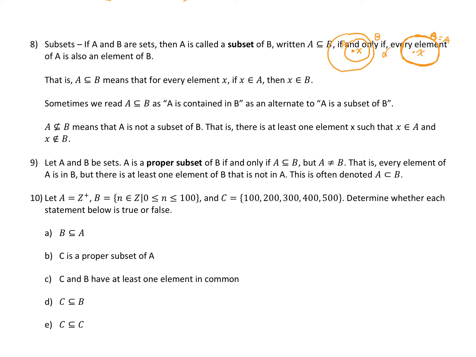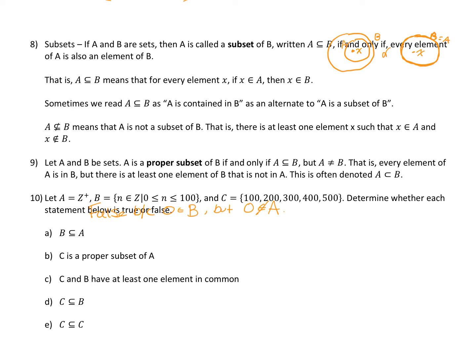So this one is false because 0 is an element of B, but 0 is not an element of A. So for B to be contained in A, every element in B would have to also be in A.